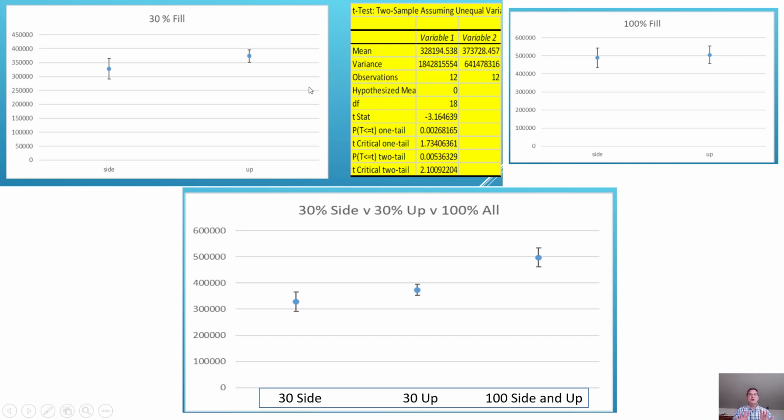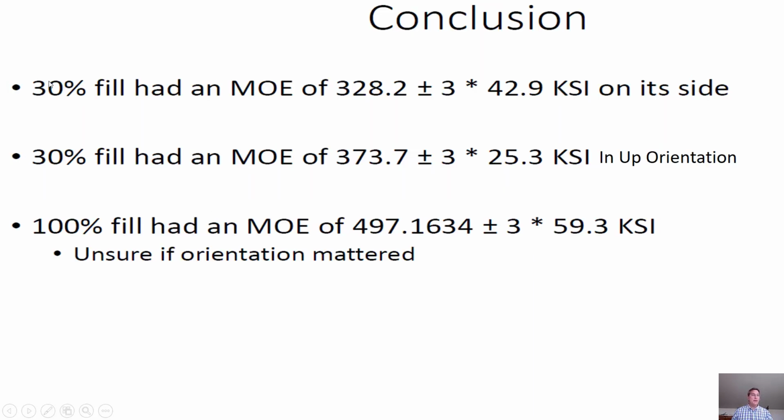You drew these conclusions well, but you didn't take that last step and present the final conclusions. You should have presented, okay, 30% has an E of this when it's on its side. It has an E of this when it's in its up orientation. And 100% has an E of this no matter what. So you definitely want to make sure your final conclusions present what E is.